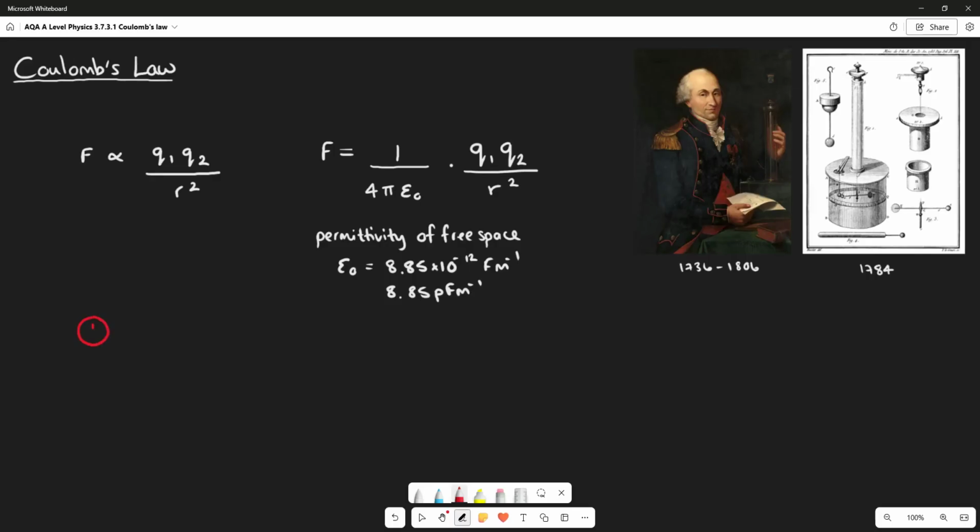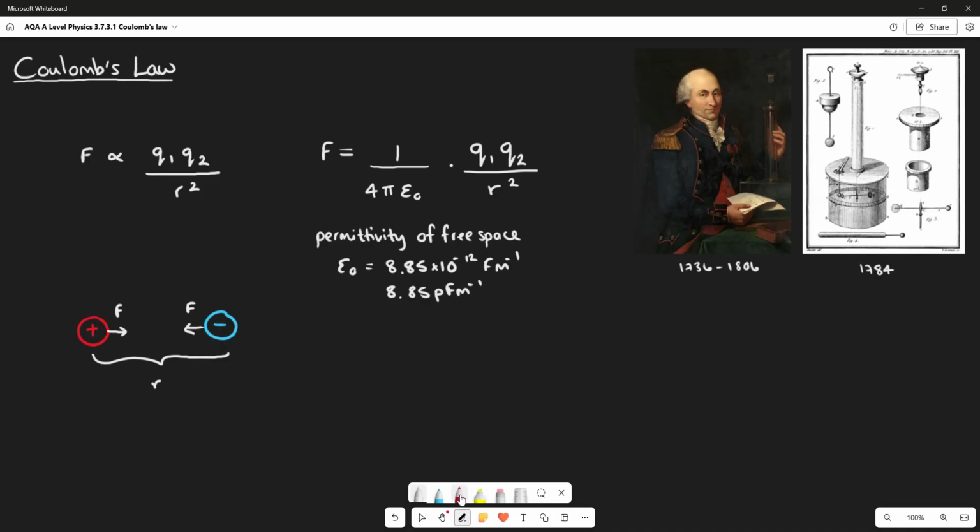If we have an object with a positive charge and another object with a negative charge, we can measure the force of attraction between them. Notice that Newton's third law tells us that these forces are equal and opposite. We need to know the distance or the radius between them and the charges on each object.